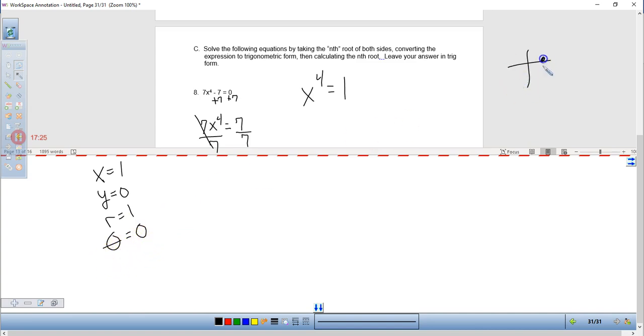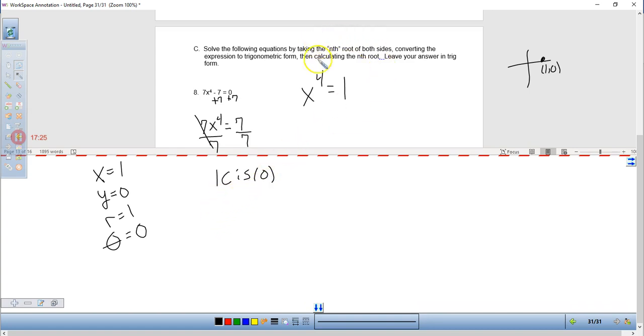Just for reference, x is 1, y is 0, r is also 1, so that's the point (1, 0), which is at 0 degrees, or 360 degrees, but I'm going to use 0. Now I'm going to convert that into polar form, so r is 1 cosine I sine of 0 degrees.